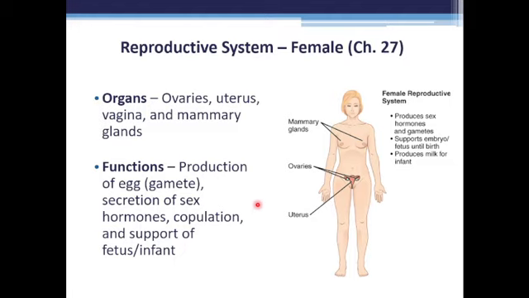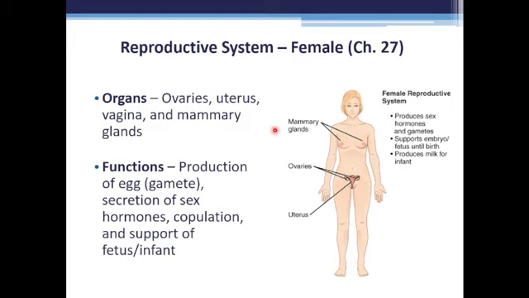The female reproductive system is much more complex than the male. It's very complex as we have the period cycle. We also have the delivery of babies, which is very complex.